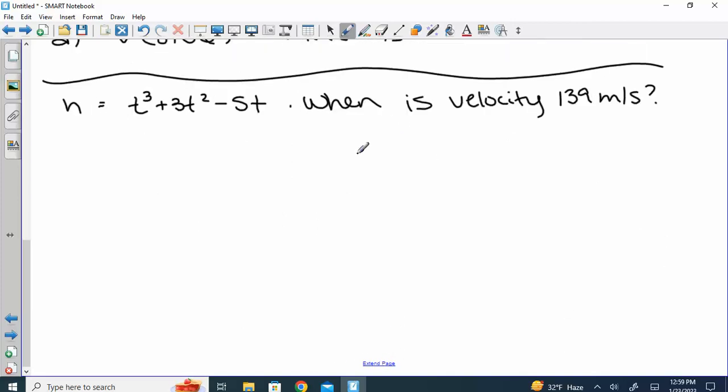So my question is a when. So you are finding a time. But I'm telling you the velocity, and the equation is for the height. So how do you get from this to the velocity? Derivative. So my velocity would be 3t squared plus 6t minus 5. And I want that to equal 139.